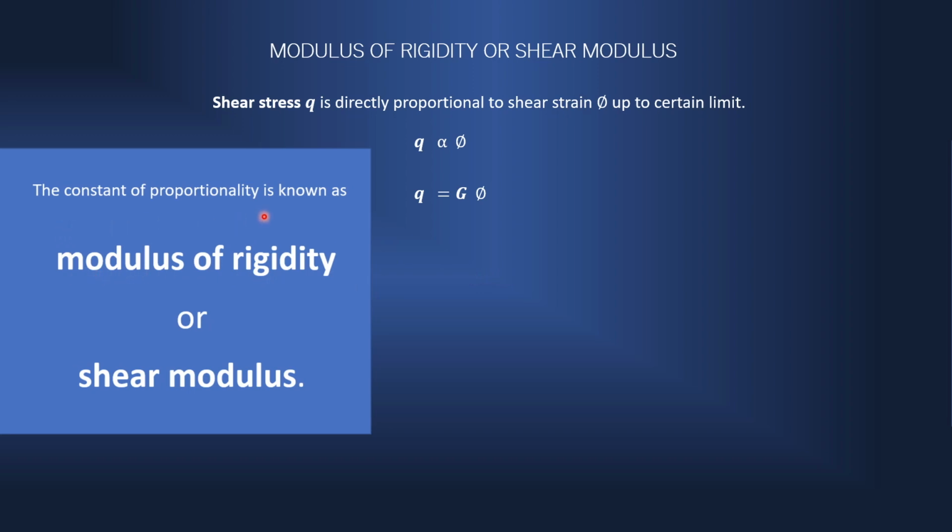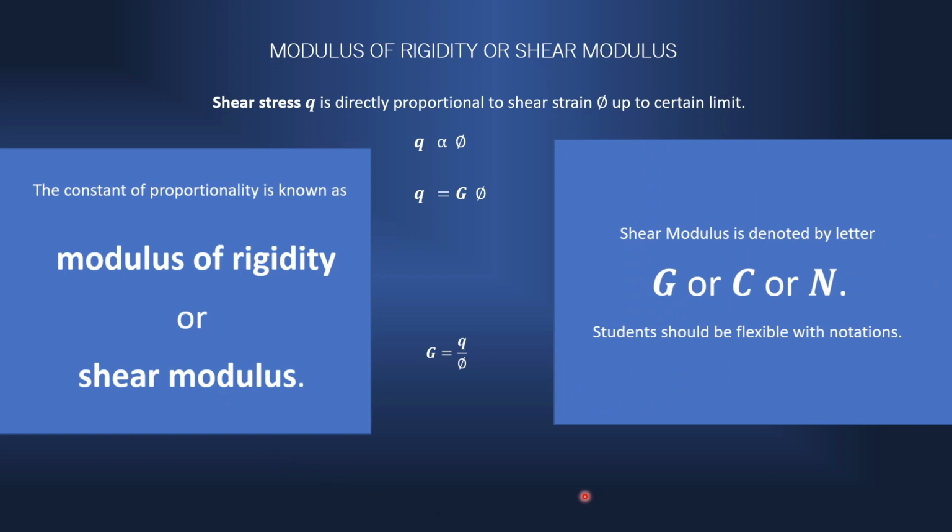The constant of proportionality is known as modulus of rigidity or shear modulus. Now, in different books, different notations are used. So, I advise students to be flexible with notation. We are going to use notation G for shear modulus.